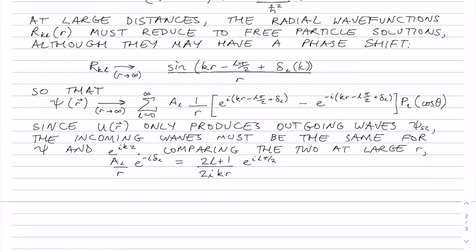So if we make a comparison of the incoming wave here and the incoming wave from the beam itself, they must be the same at large distances, and that gives us this formula. And that means that we can write A_L equals (2L plus 1) over 2ik, times e to the i (L pi over 2 plus delta_L).